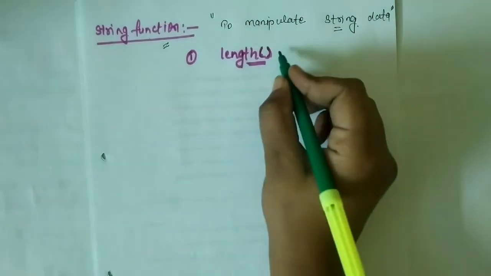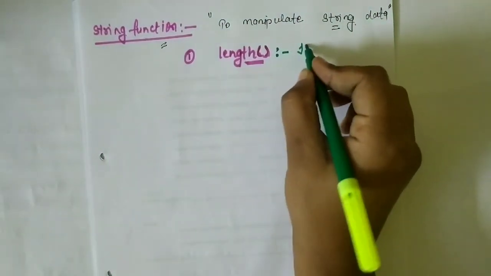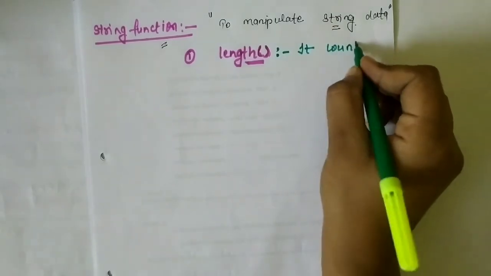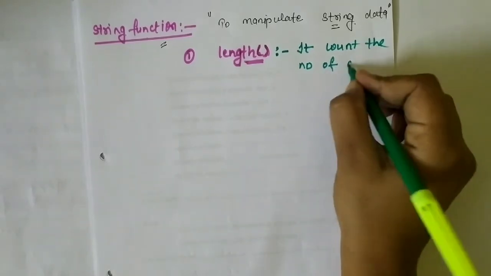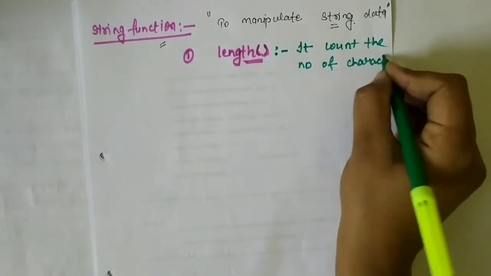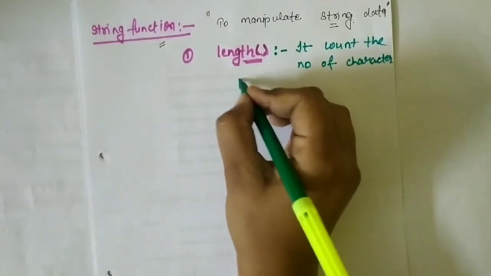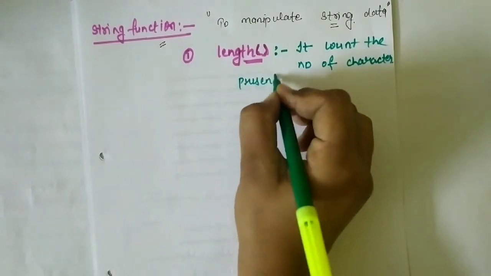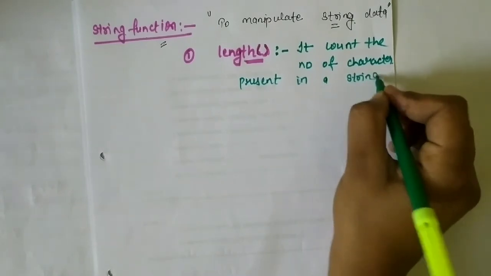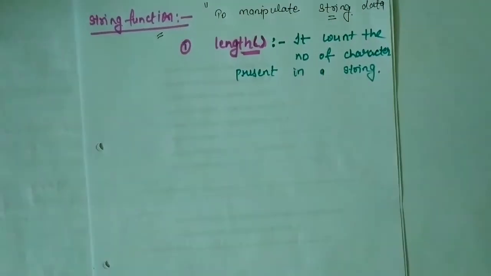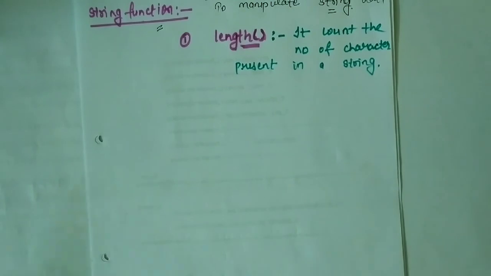The length function counts the number of characters present in a string. The definition of the length function is: it is used to count the number of characters present in a string.